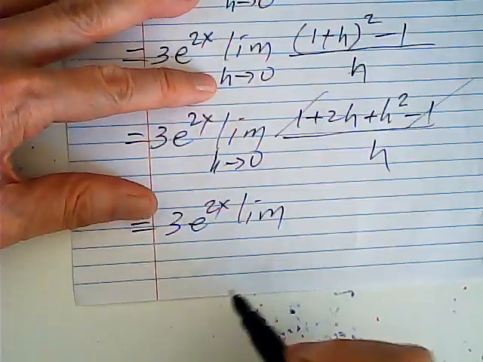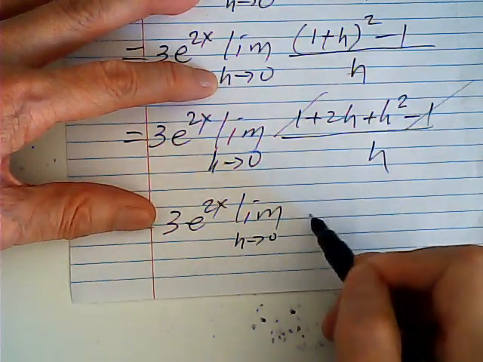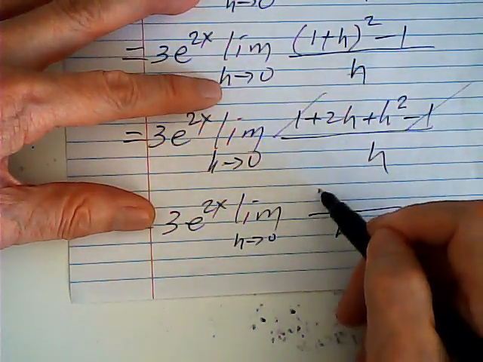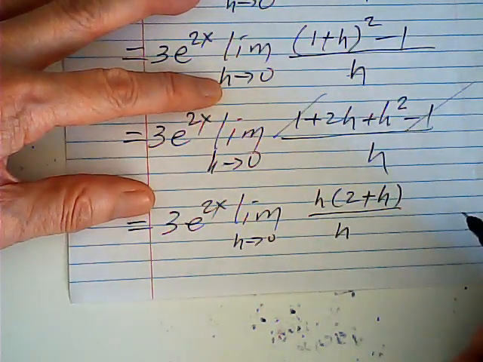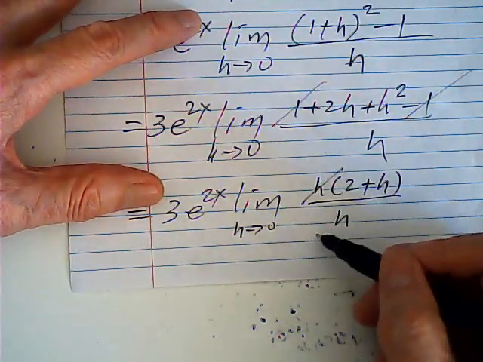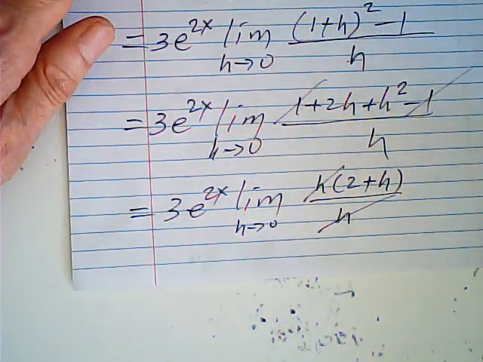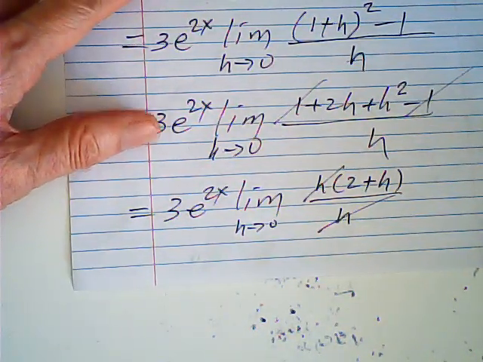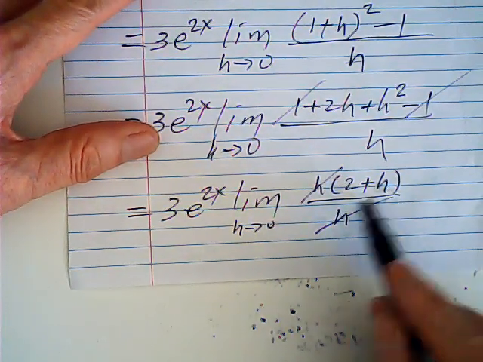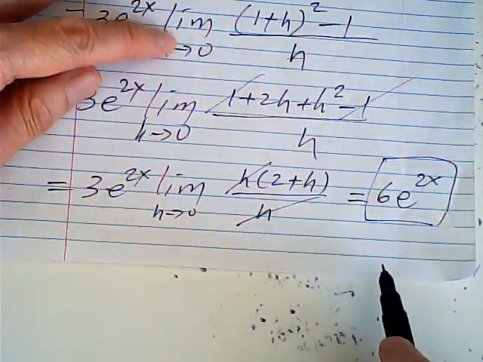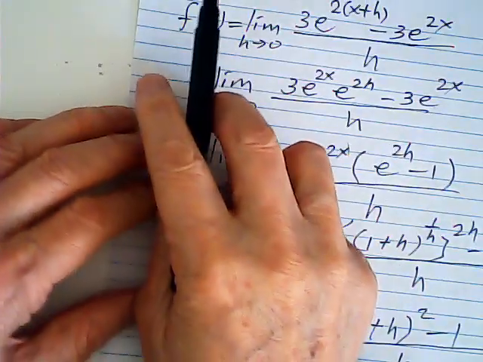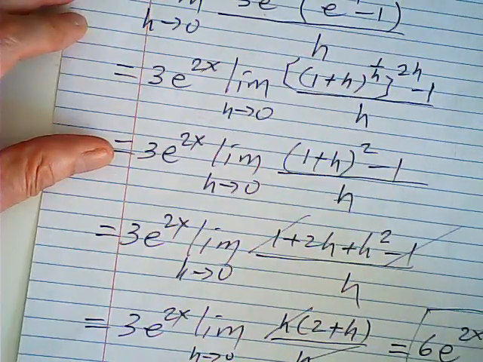So this is 3e to the 2x times the limit as h goes to 0. Now h is a common factor: 2 plus h, and cancel this one out. As h goes to 0, this is 2. So the result is 6e to the 2x. That is my derivative of f with respect to x: 6e to the 2x.